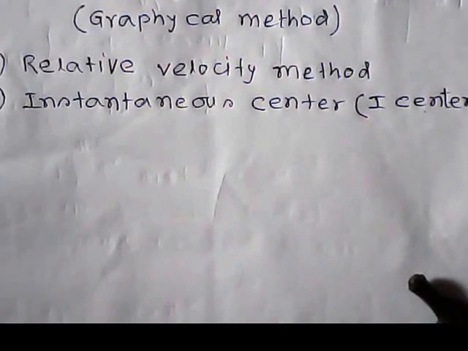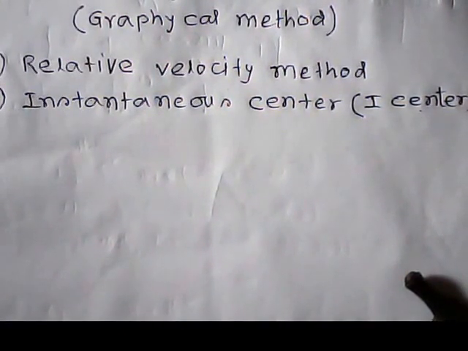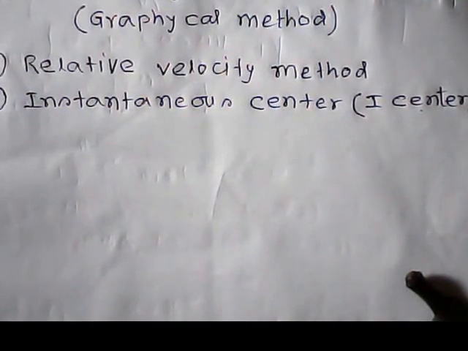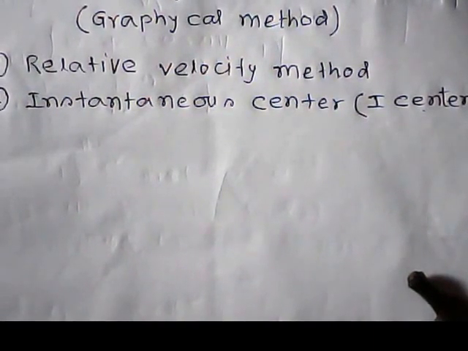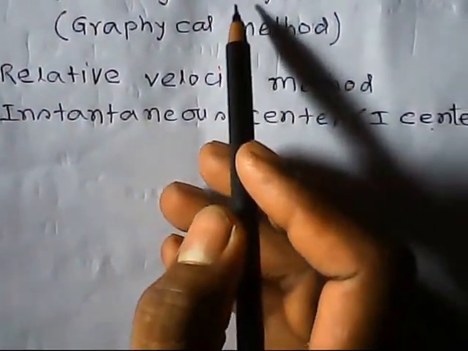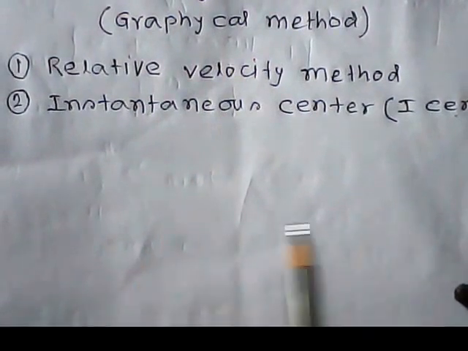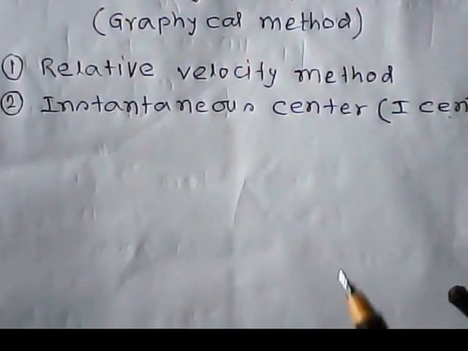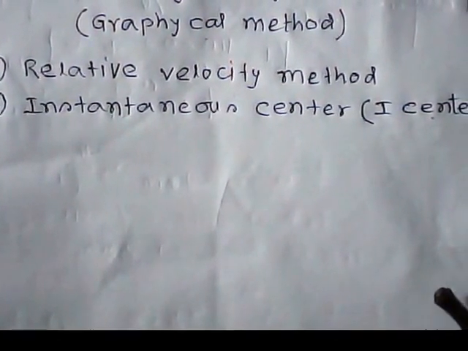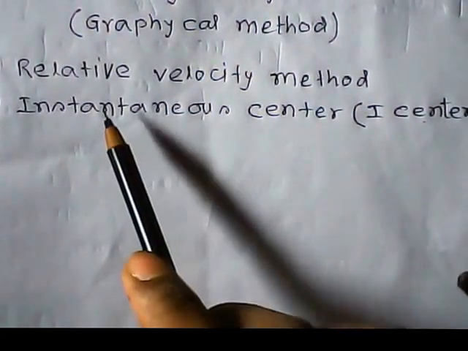Now I am going to discuss the second chapter, that is velocity analysis. Velocity analysis in graphical method. There are so many methods to analyze velocity of a mechanism, but mainly two methods are very important.